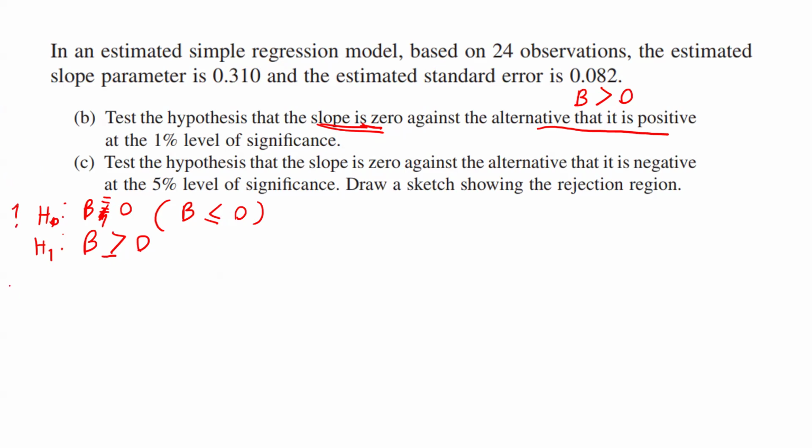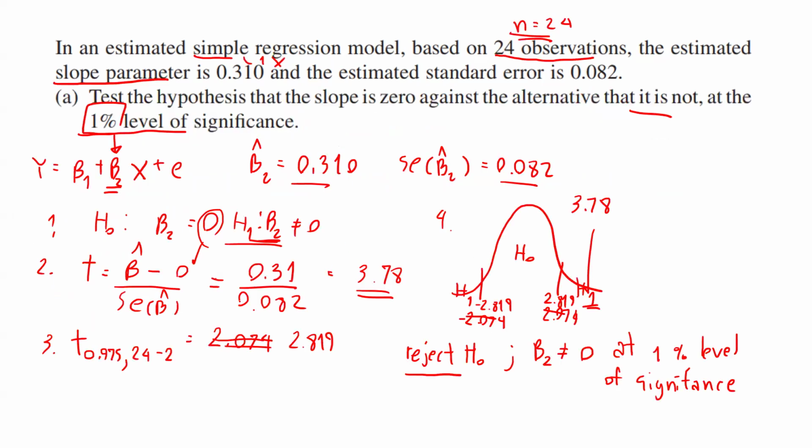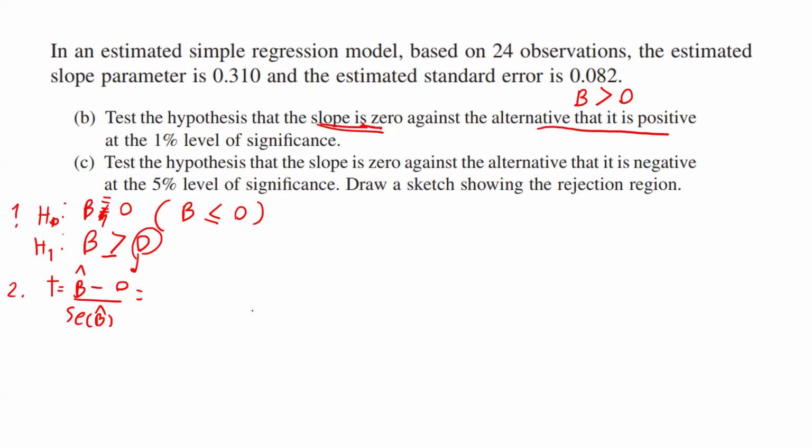The second step, you compute t stat: t equals beta hat minus what you concern over standard error. It's the same number as the previous example, so you get 3.78 again.